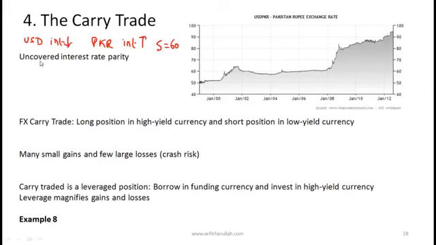According to uncovered interest rate parity, the rupee is going to lose value and the dollar is going to gain value.